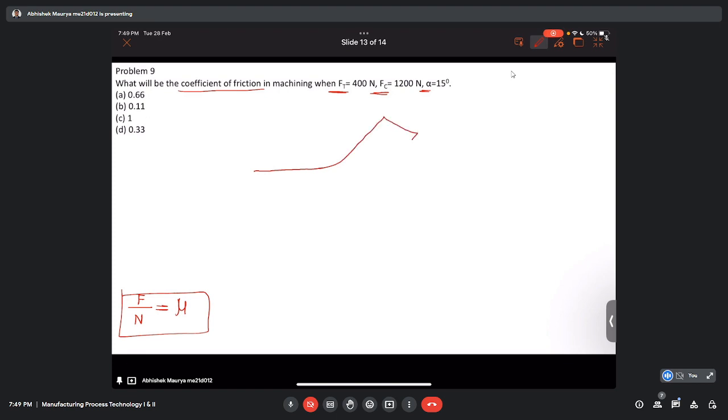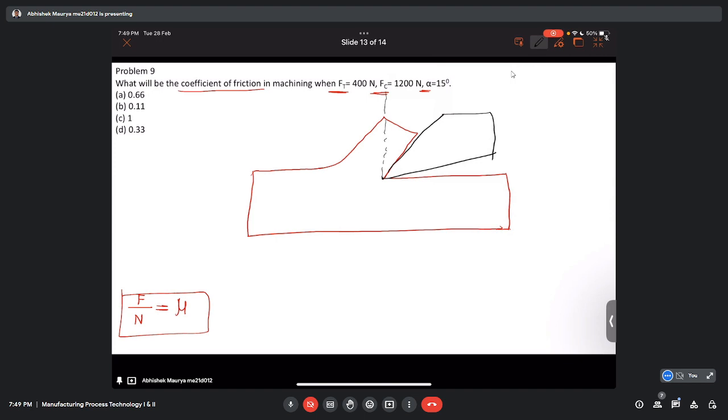So there is a chip, and at the same time we have a tool. What is this angle?